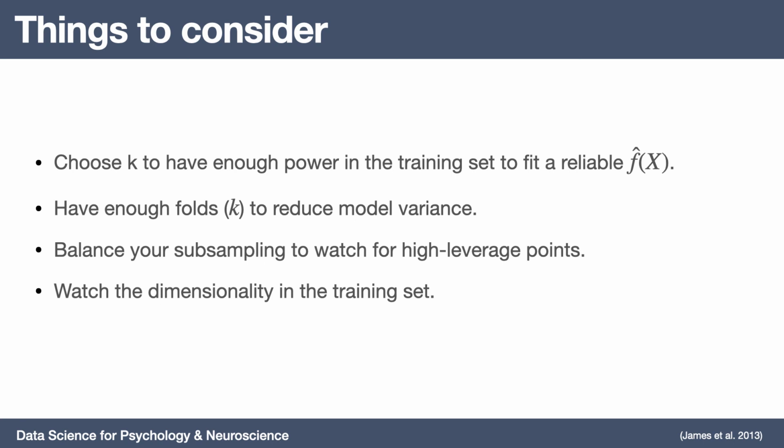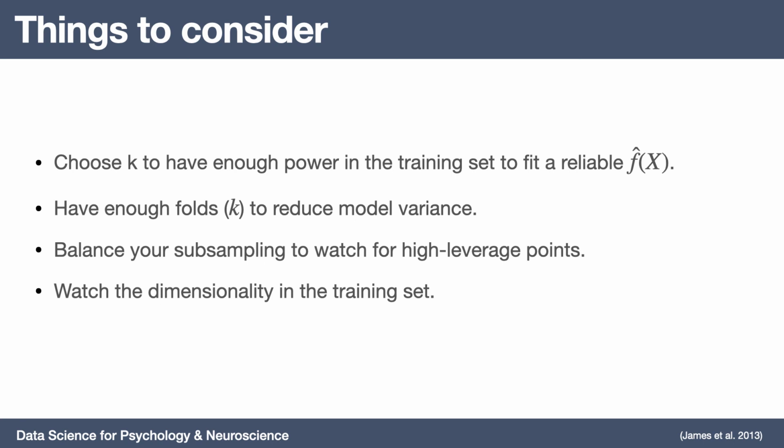And you also want to watch the dimensionality in the training set. If you already have a low-powered data set for the problem you're trying to fit, having a low k-fold validation, let's say a 3- or 4-fold cross-validation, might give you a problem that is too underpowered or too high dimensional. It's too variable, so you're going to have low performance in your holdout test set.